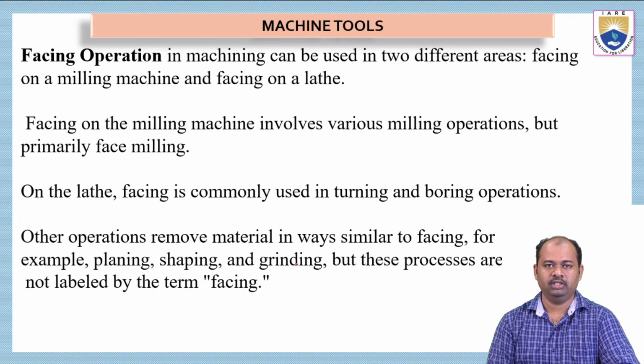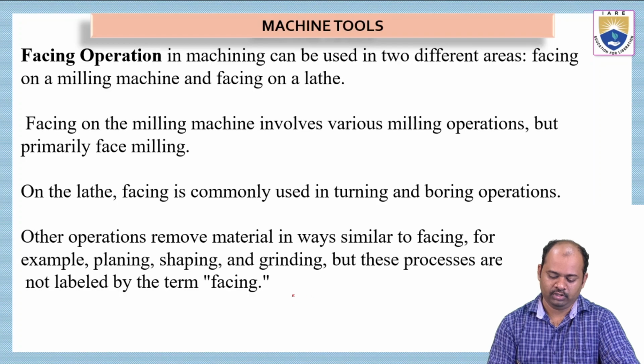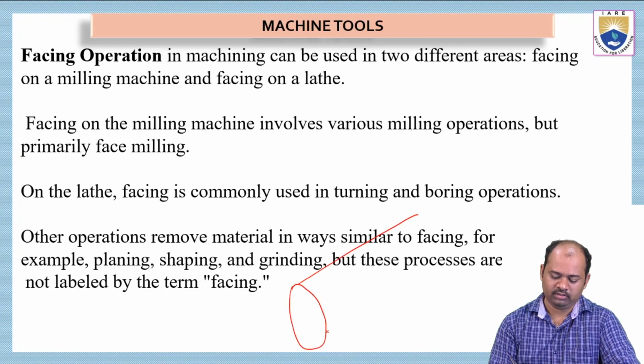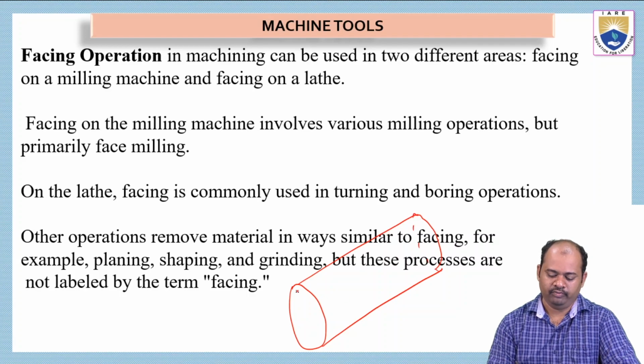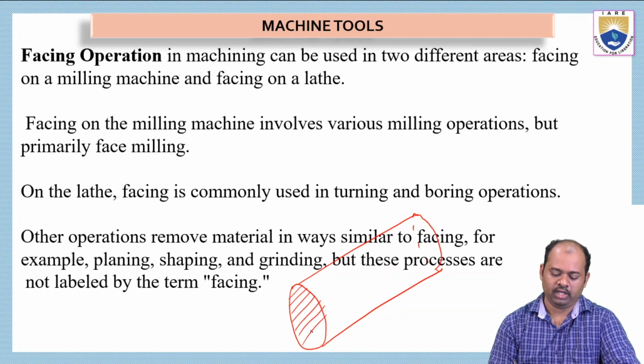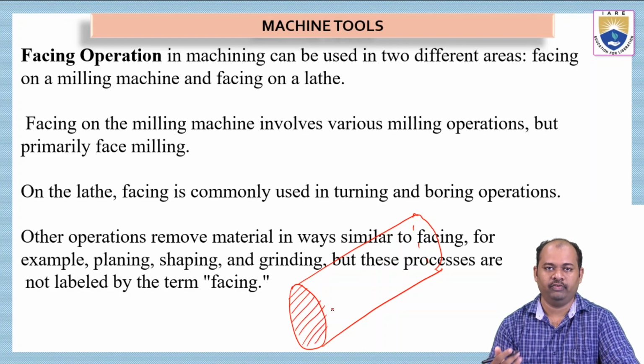So facing is a process of reducing the length of the workpiece. We have seen other processes like taper turning, boring and drilling in the previous lectures. Facing is used to smoothen the surface of the cross section. Suppose this is a cylindrical bar and I want to make this surface smooth; I have to do the operation called facing.